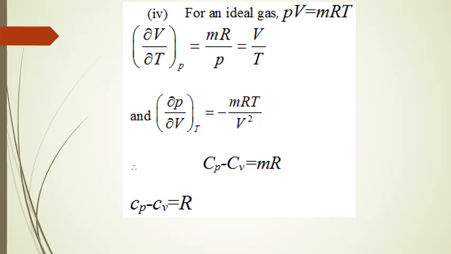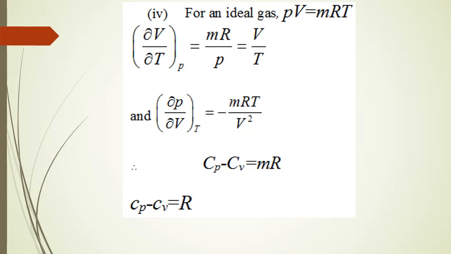Now for an ideal gas, PV is equal to MRT, where M is mass, R is gas constant, T is absolute temperature, P is pressure and V is volume. Now del V upon del T when pressure is constant is equal to MR upon P, which is equal to V upon T, and del P upon del V when temperature is constant is equal to minus MRT upon V square.